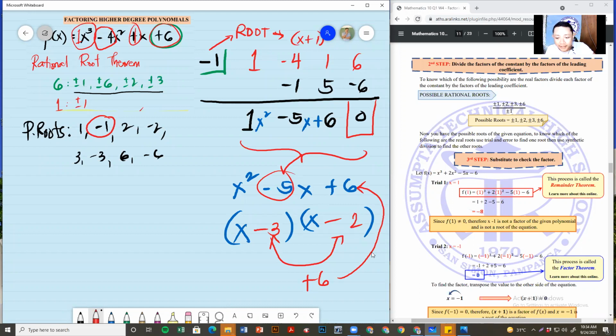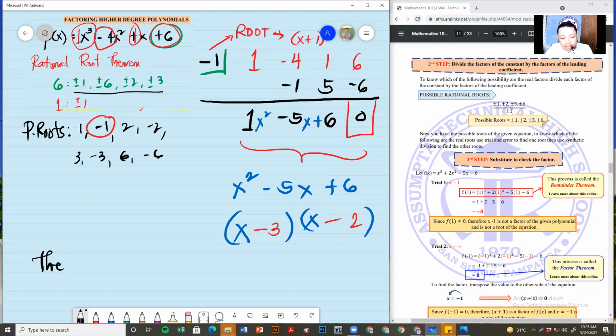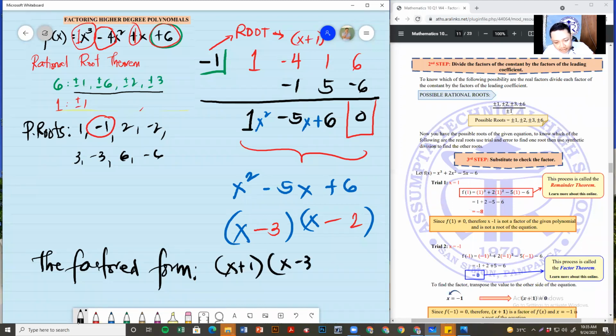So therefore, by doing that, we shortened our process. We no longer had to solve for the other roots, but automatically we were able to get our factors. Therefore, the factored form is x plus 1 times x minus 3 and x minus 2.